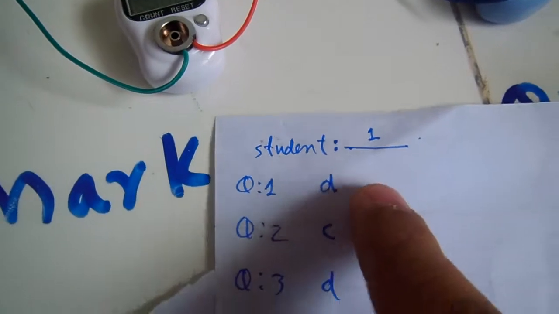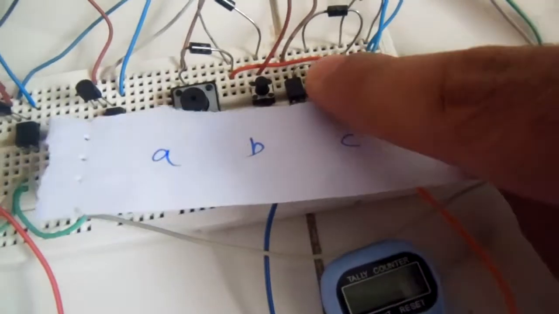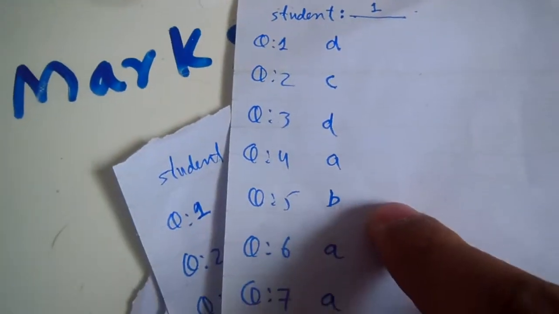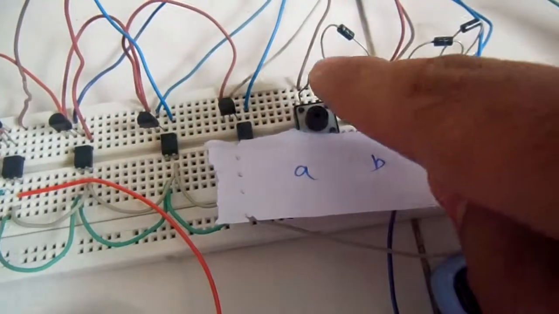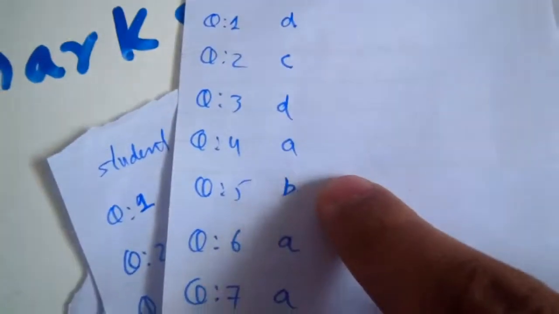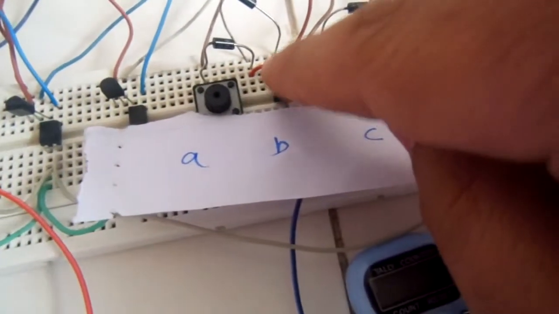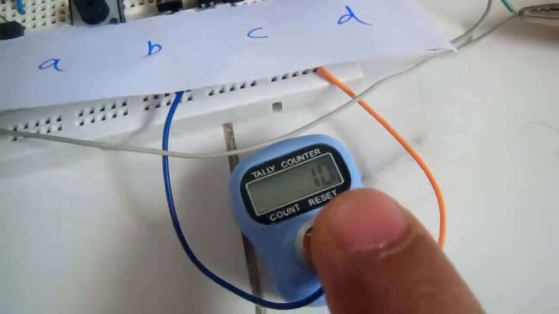Question 1 is D, then C, then D, then A, B, A, A, B, A, then A, B, B, C. 10 questions have been solved.